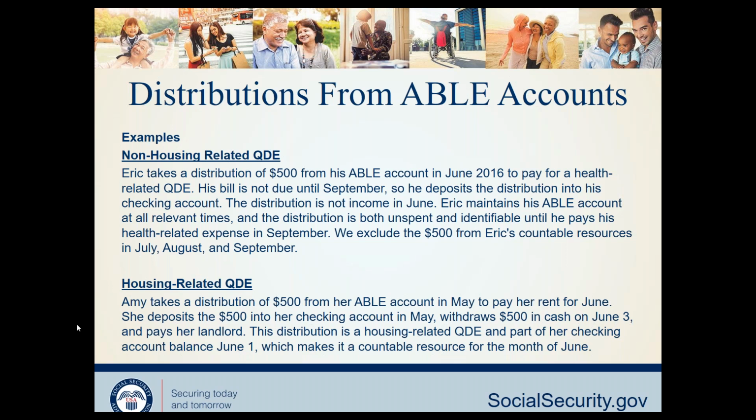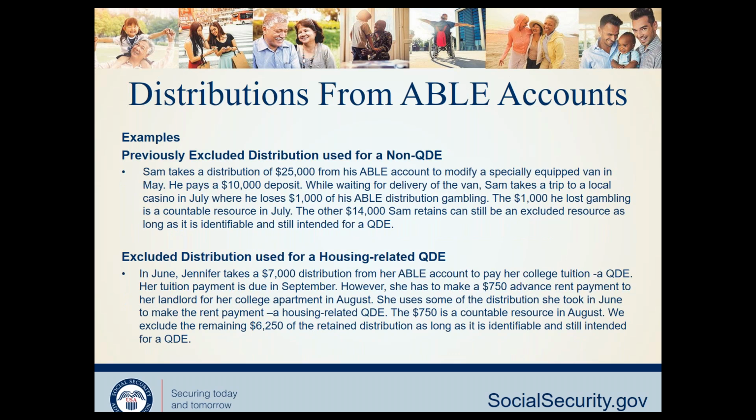Exactly. And so it's important to know you can have your ABLE account pay for those expenses so it doesn't happen. Here's another example I thought was good, and thank you for providing this one. It talks about if somebody takes a distribution, in this case, Sam, he took a distribution of $20,000 from his ABLE account to modify a van.